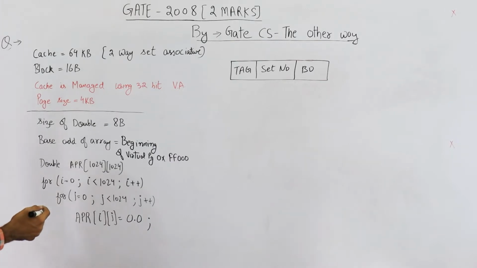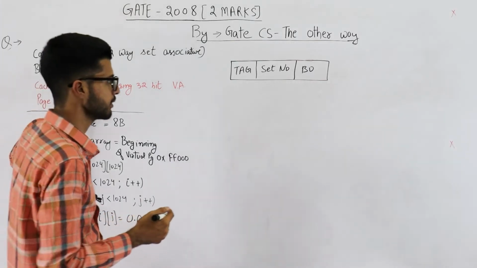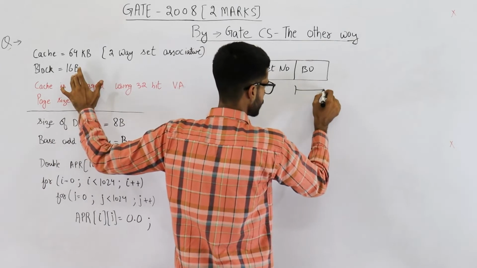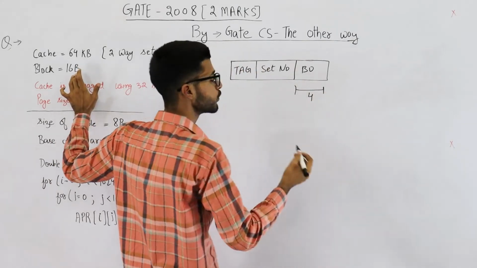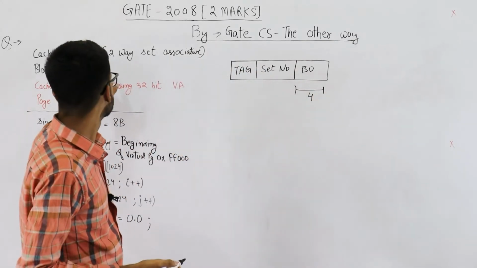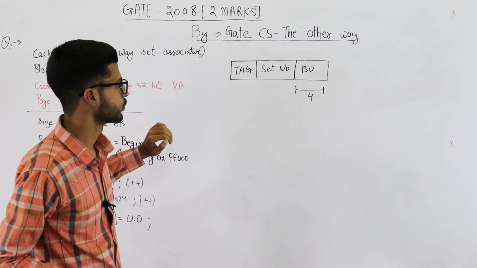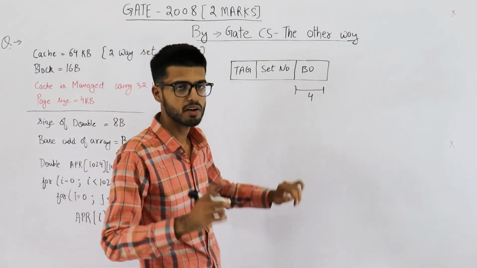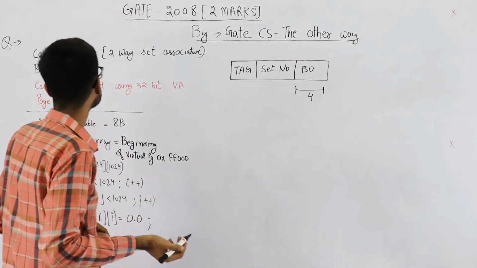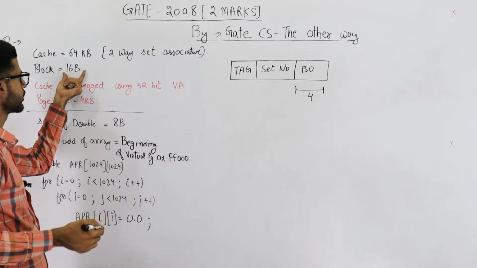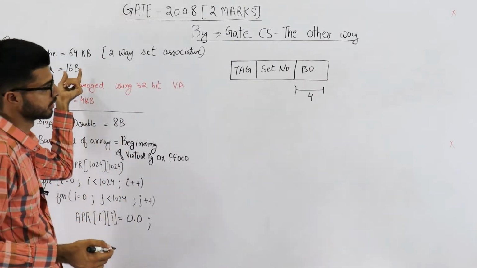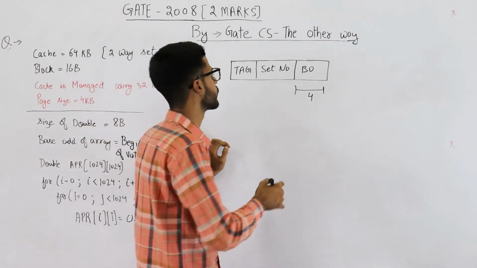You know, block is 16 bytes. That means block offset has to be of 4 bits, because 16 is 2 raised to the power 4. Block offset is used to identify one of the words present in one block. So the number of words in a block is 16. So 4 bits will be required.